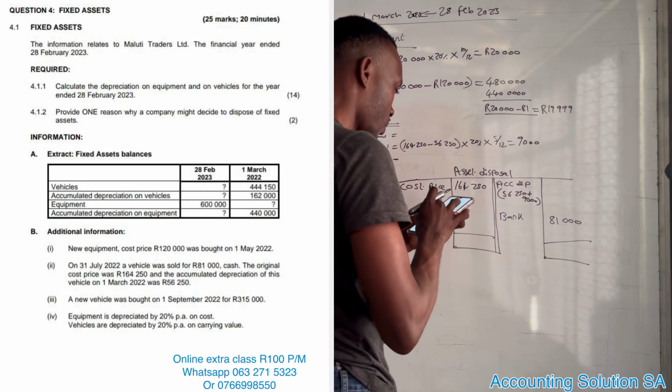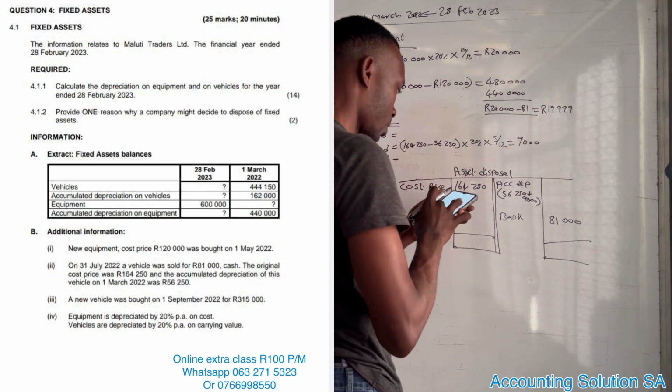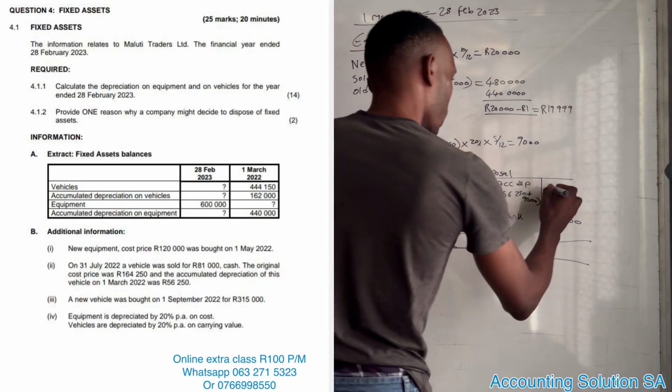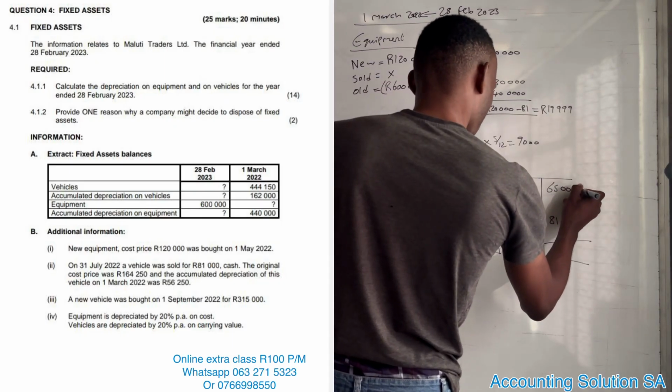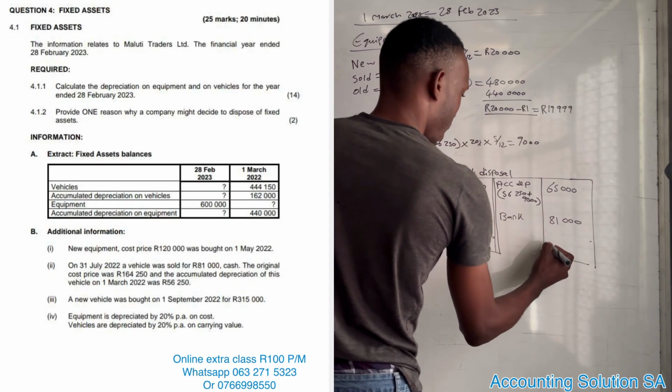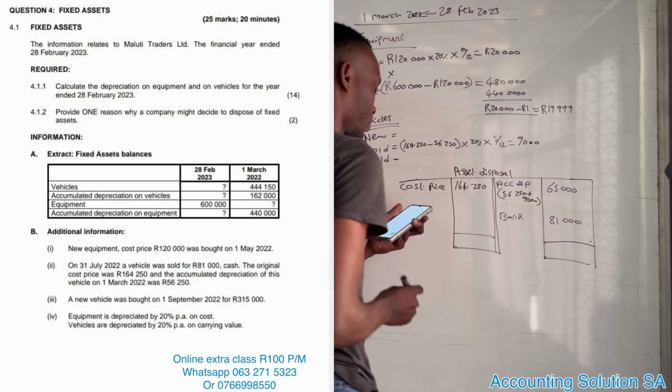This 9,000 is the one that you have to add here. Because it was not calculated, I have to calculate 56,250 plus 9,000. Then it's 65,250. Remember, this one was not required, but because we are doing practice, you have to know it. Why not?